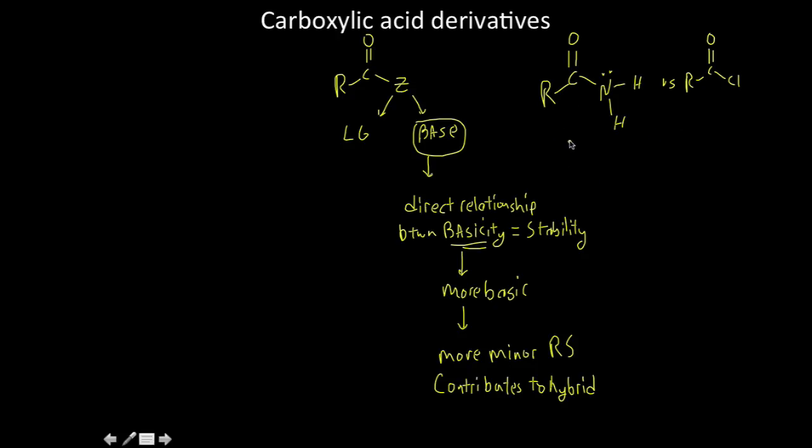If I were to draw this and explain what I mean in terms of contributing to the resonance hybrid, if I move these electrons in here and move an oxygen up there, this is kind of an abstract thought. The more this contributes, the more stable it is.